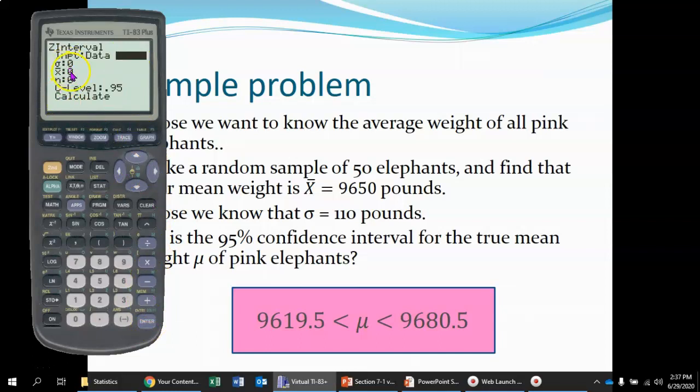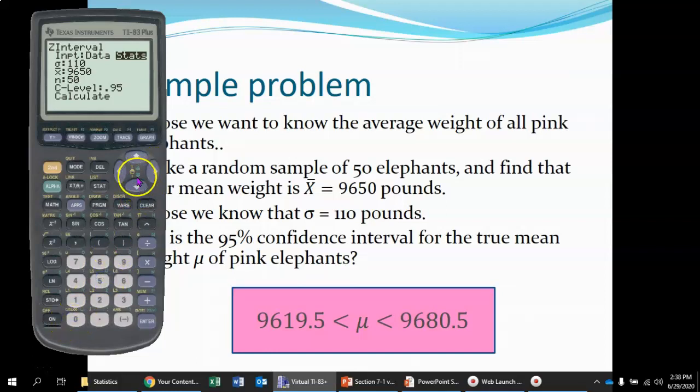And now we're going to put in 4 numbers. And the order it's in here, the first thing it wants is sigma. So I'm going to put in 110 for sigma. For X bar, I'm going to put in 9650. For N, I'm going to put in 50. That's my sample size.